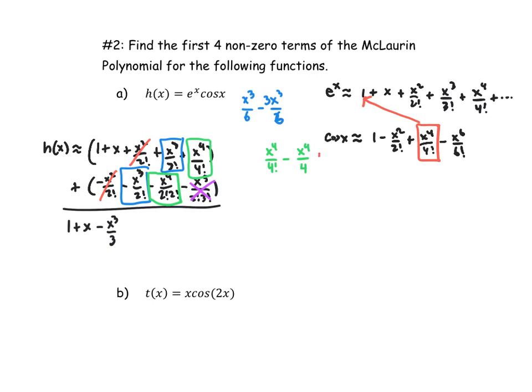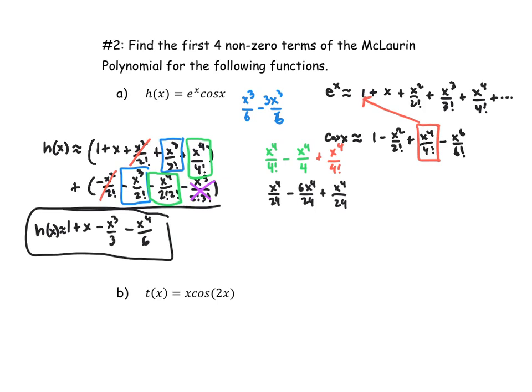So I'm actually going to add that, x to the 4th over 4 factorial. Okay, so let's combine these together. This would be x to the 4th over 24 minus 6x to the 4th over 24 plus x to the 4th over 24. So that'd be negative 4x to the 4th over 24, which will be negative x to the 4th over 6. So there you have it. h of x, first 4 non-zero terms.